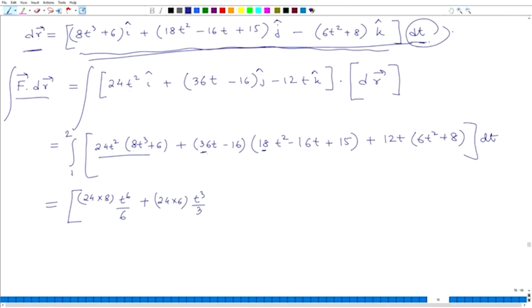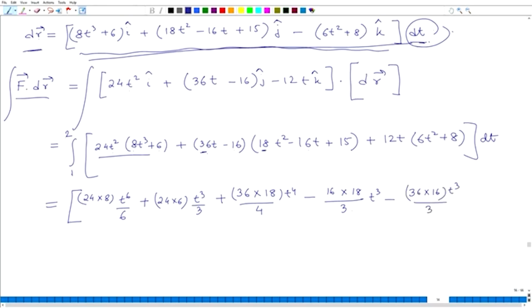Then you have other terms which I write successively, like 36 times 18, then t to the 4 by 4. Then you have minus 16 times 18, t cube by 3 will come. Then here will be another minus 36 times 16, again t cube by 3.